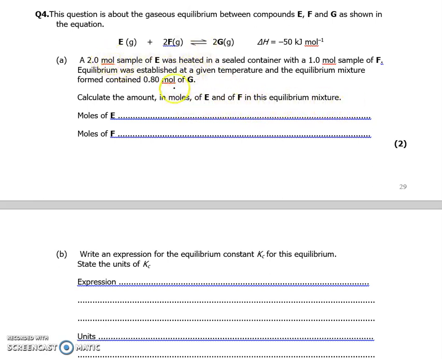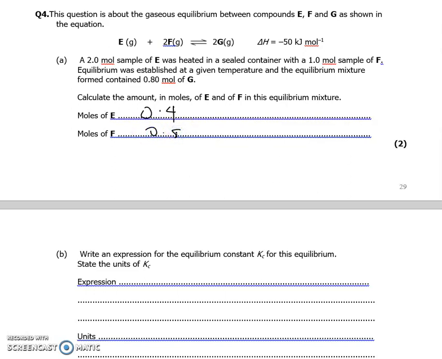Okay, so we started off with 0 moles of G, so we can work out that if 0.8 moles of G was formed, well, we've reacted half as many moles of E. So the amount of moles of E we have reacted is 0.4, and because we've got a 2 to 2 ratio between G and F, then the number of moles of F that reacted was 0.8.